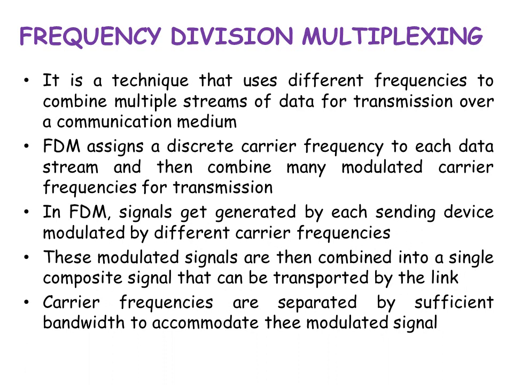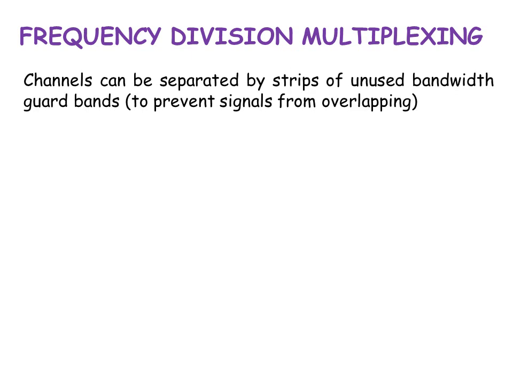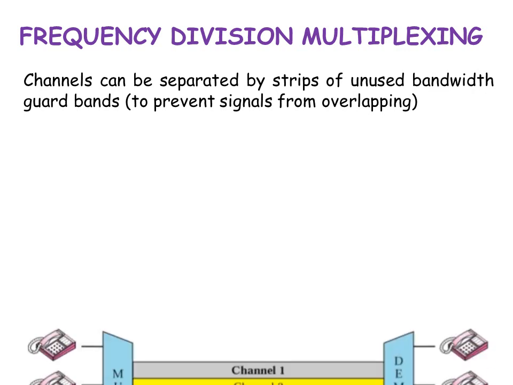The signals generated by each sending device are modulated by different carrier frequencies. These modulated signals are then combined into a single composite signal that can be transported by the link. Carrier frequencies are separated by sufficient bandwidth to accommodate the modulated signals. The channels can be separated by strips of unused bandwidth called guard bands, which prevent signals from overlapping.